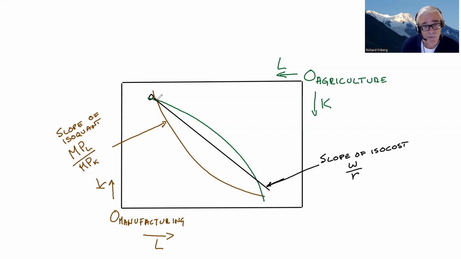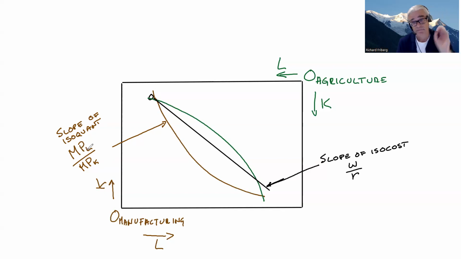So in a point like this, where there's very little labor in manufacturing and lots of capital, very few workers are chasing a lot of capital in some sense, and vice versa. In agriculture, marginal product of labor is very low. There's tons of people out on the fields. There's some very rudimentary machinery, lots of people, a low marginal product of labor relative to capital, whereas in the manufacturing industry, there's a very high marginal product of labor.